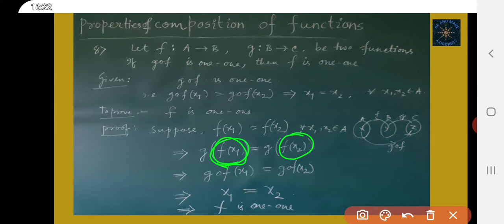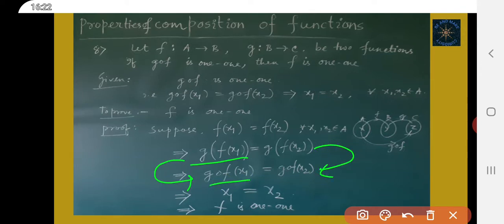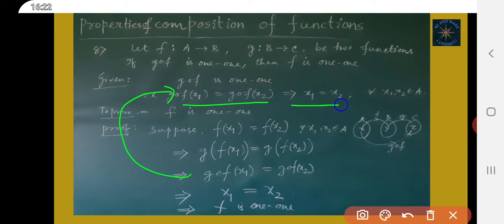So as these are equal, we can write g of f of x1, g of f of x2. So this can be written as g∘f of x1, this can be written as g∘f of x2. And you know that it is given, if this, then we can write x1 is equal to x2.